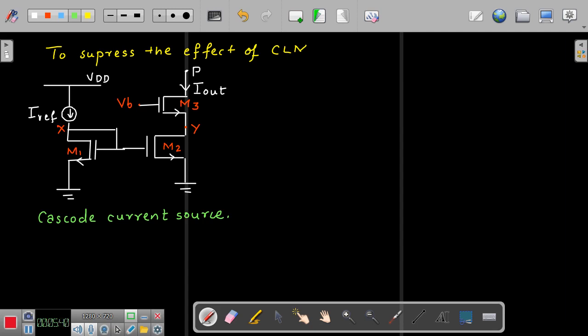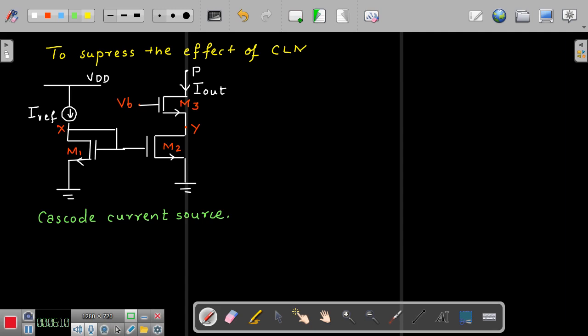Because of the variation in the voltage of devices M2 and M1, the drain to source voltage of M2 need not necessarily be equal to the drain to source voltage of M1. That is where you might have certain errors in copying this current to the output current. So that is when we consider the effect of channel length modulation.